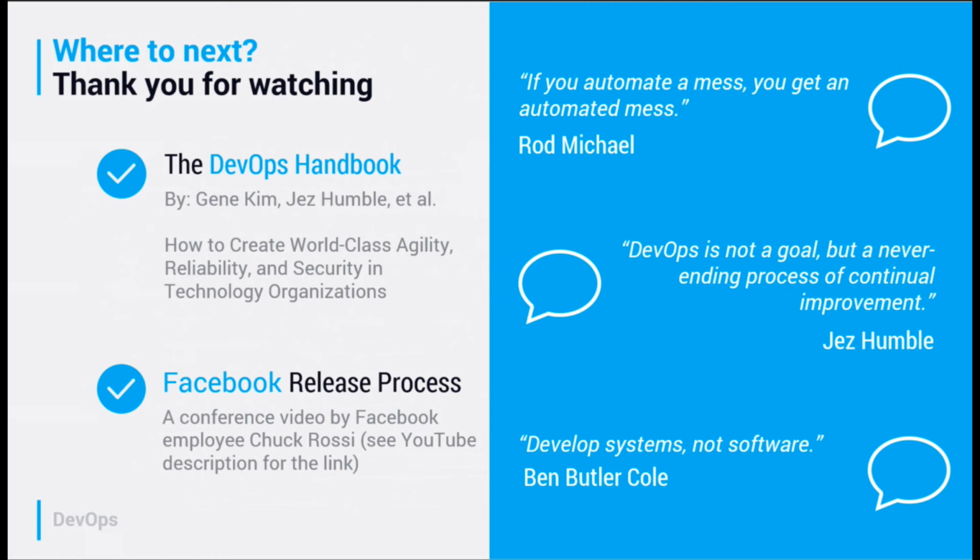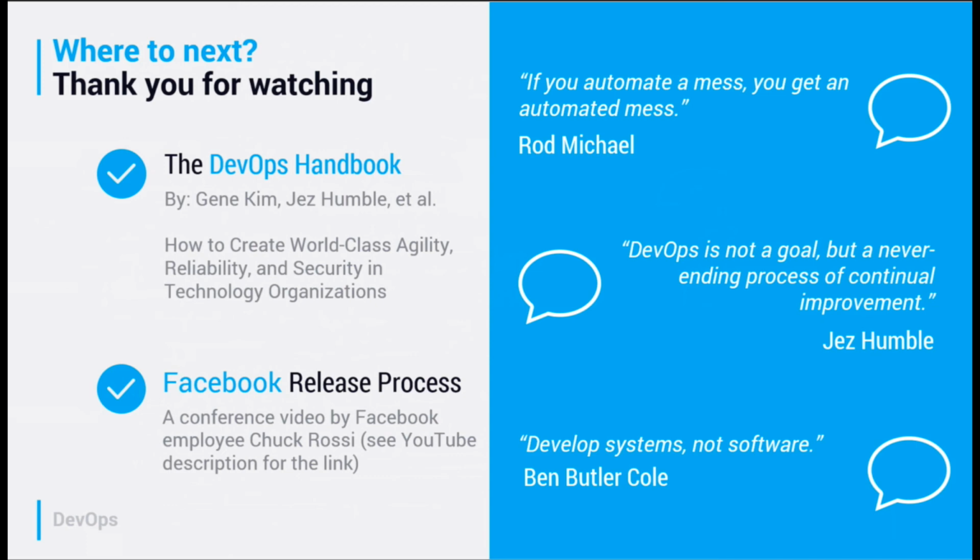DevOps is ultimately an evolution that removes barriers between development and operations. Like all agile frameworks and principles, each company must determine their appetite for which components and how much of DevOps makes sense for them. To explore DevOps further, I recommend the DevOps Handbook by Gene Kim and Jez Humble.